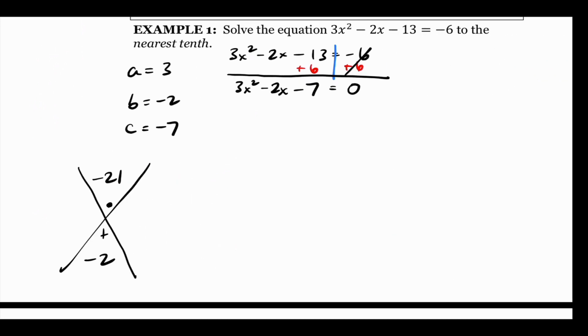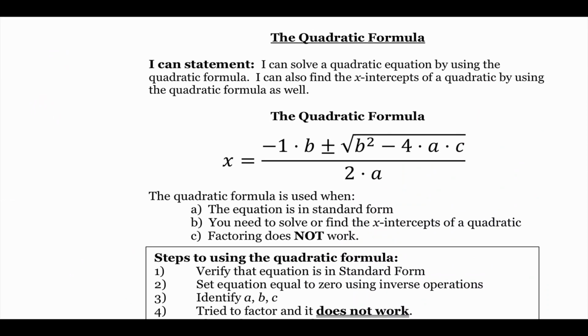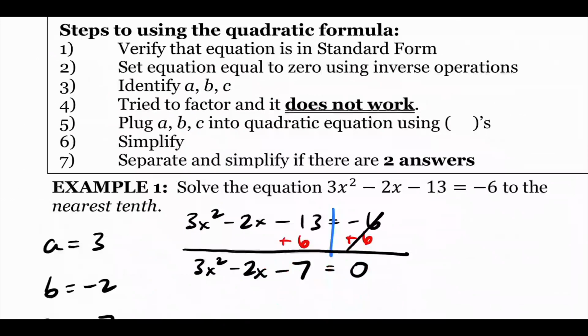Okay? So when I write the quadratic formula, I'm going to write it just like you see it on the board, except instead of A, B, and C, I'm going to put parentheses. Anywhere there's an A, B, or C, I'm going to put parentheses.